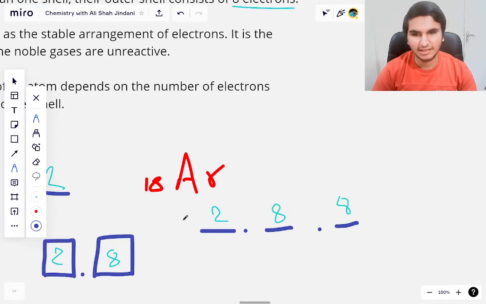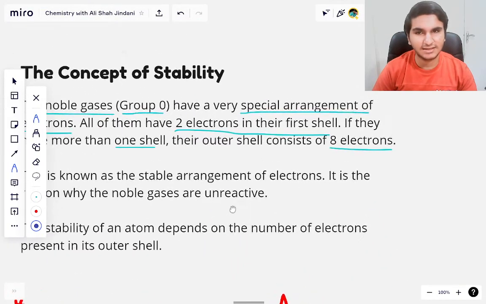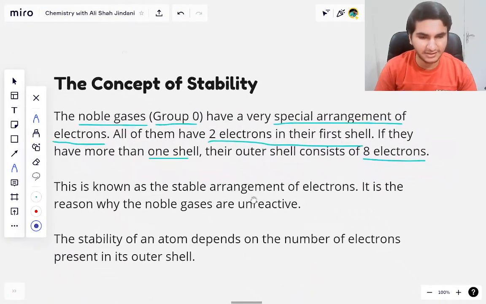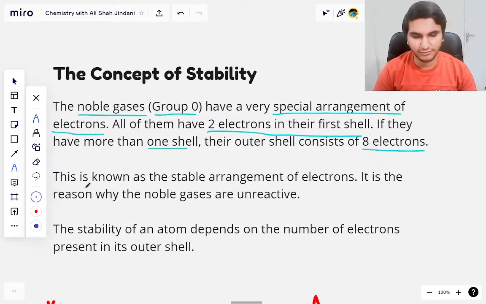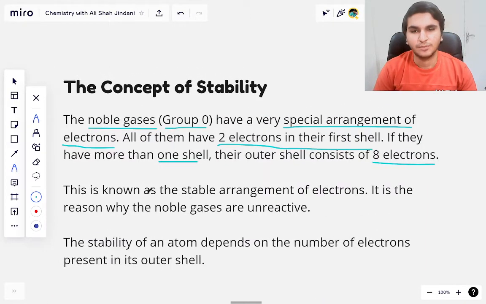So again, same kind of pattern, 2 in the first shell because its capacity is 2 and 8 in the last shell. Why 8 in the last shell? Because 8 makes the stability, right? So that is what we are going to discuss in the concept of stability. These 8 electrons in the last shell are also called valence electrons.